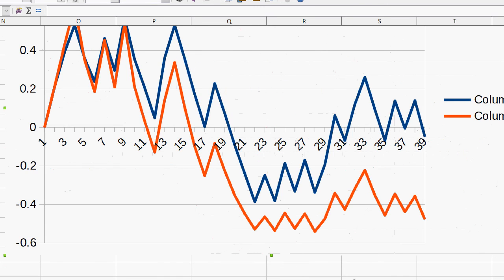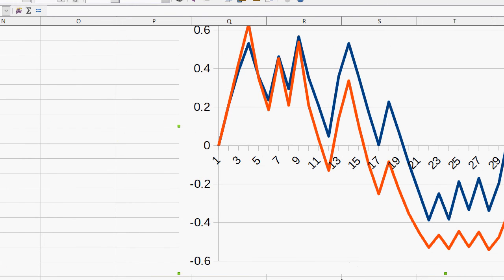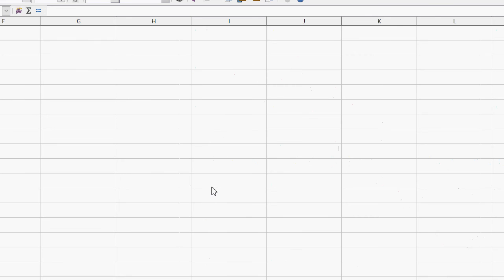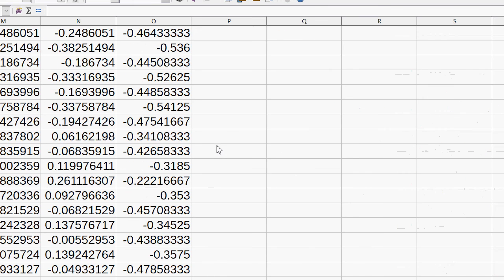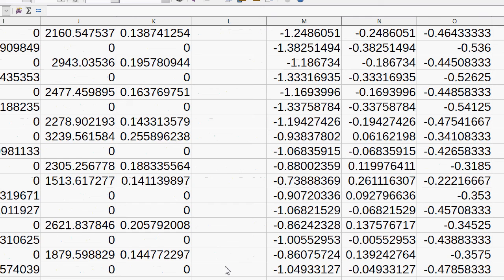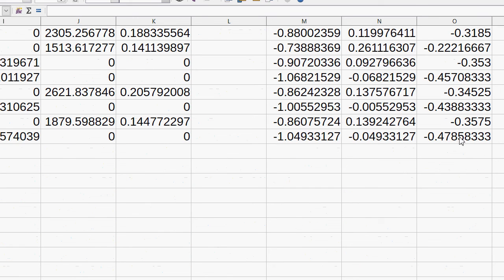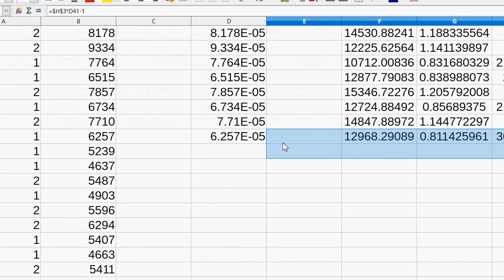So blue would be that of doing the trades. We can see at this point it is overperforming it. I'm just going to move this again some more. And then copy and paste some more of this stuff.